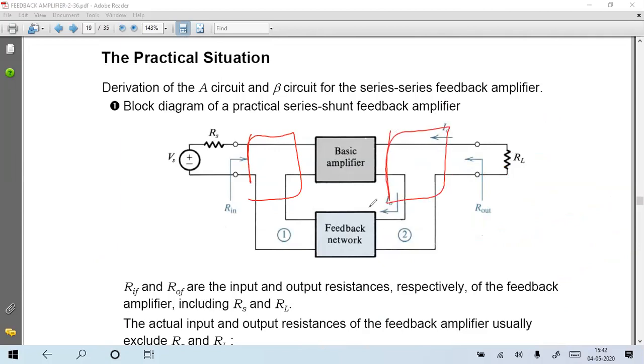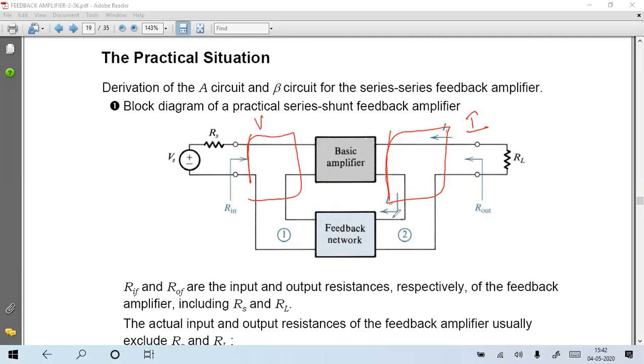When the mixing side is series, voltage has to be added, correct? So the input side is voltage, and the output side is current, because a sample of the output has to be given as it is to the input. So the current has to be given as it is to the feedback network, which should be made in series.